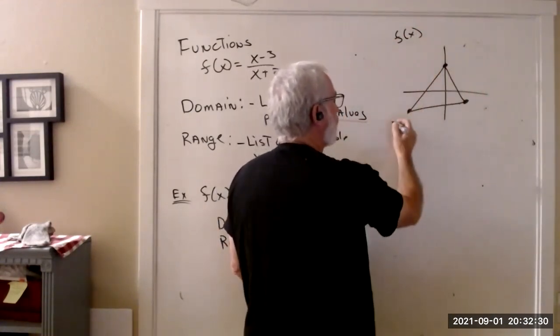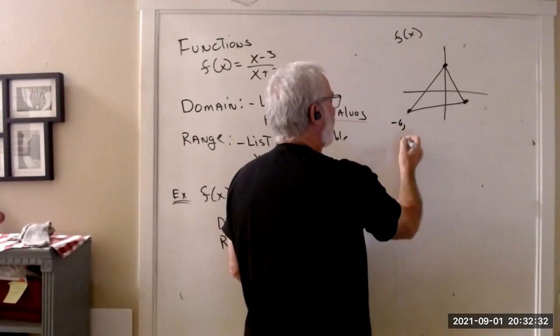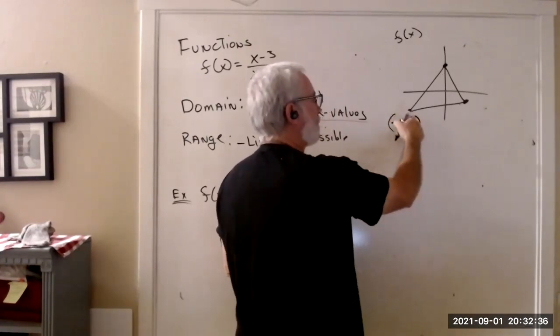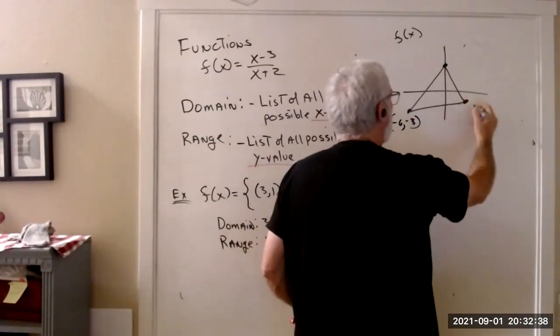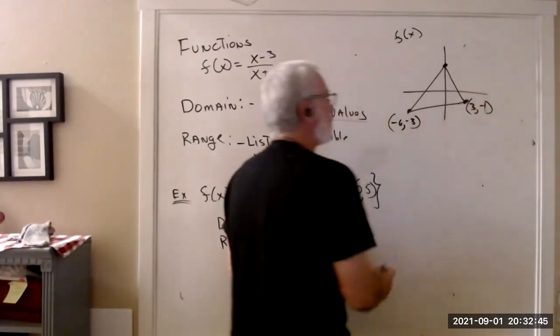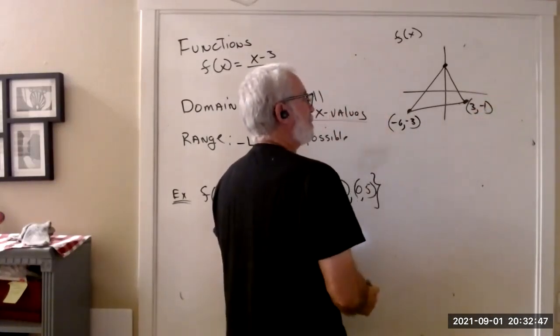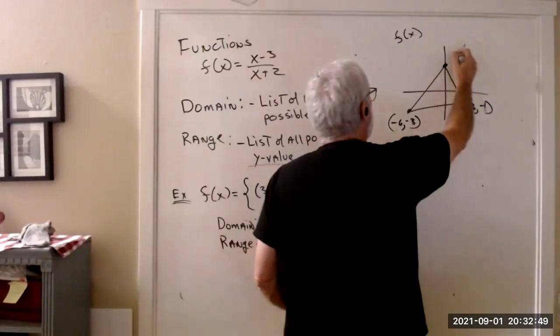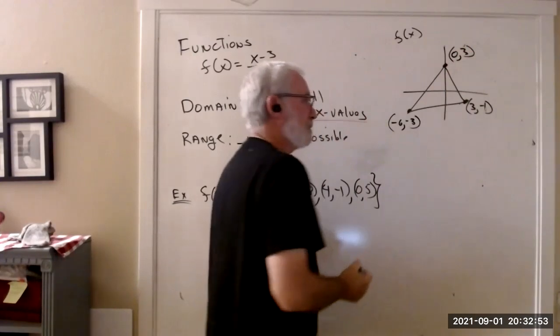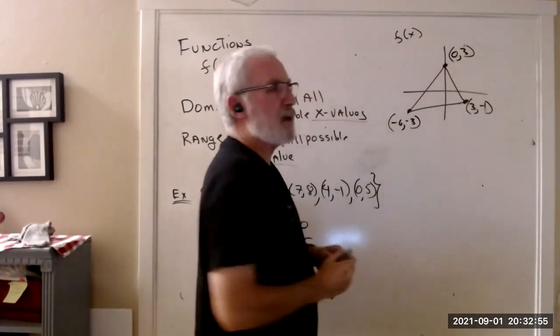And let's say this point over here is -6, -3. And let's say this point here is 3, -1. I'm just making this up. That seems reasonable. Okay, and let's say this point here is 0, 3. So I just made up some ordered pairs.